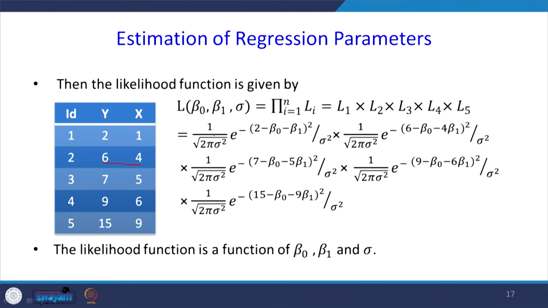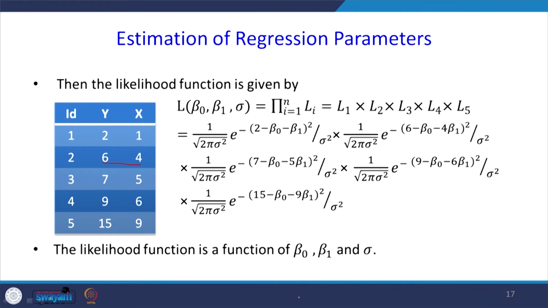For the first data point, this is 1 divided by root of 2 pi sigma square, e to the power minus (2 minus beta 0 minus beta 1) whole square divided by 2 sigma square. For the second data point, the same thing with 6 and 4. The third one is 7 and 5, the fourth one is 9 and 6, and the fifth one is 5 and 9. So, this function is the likelihood function.